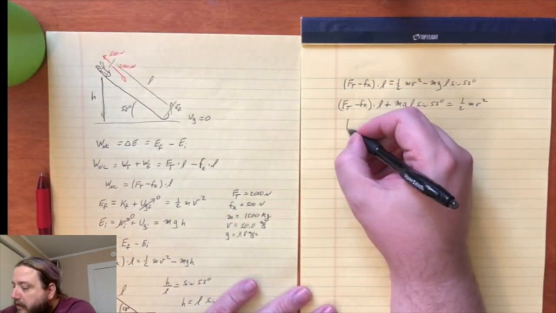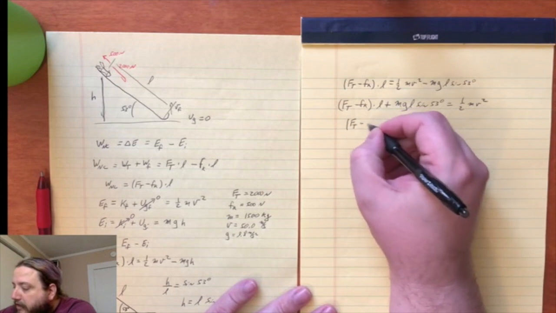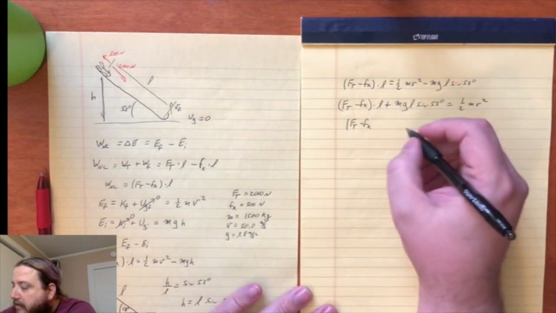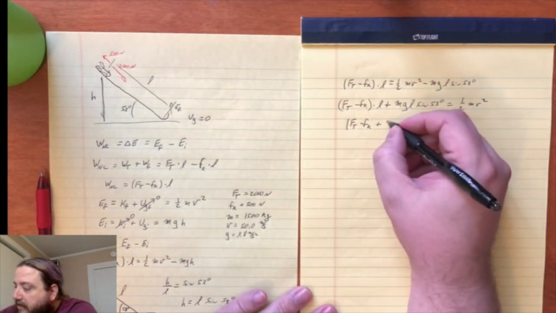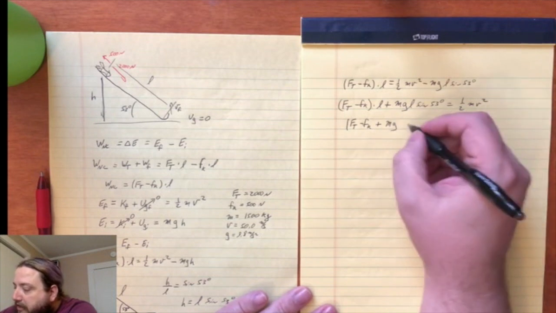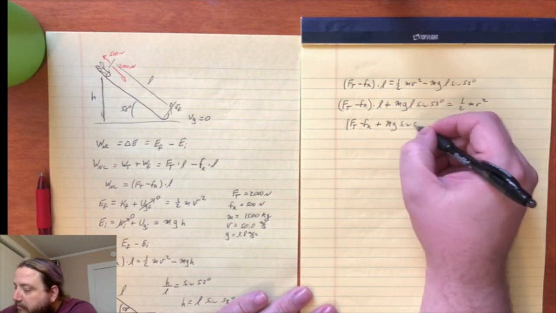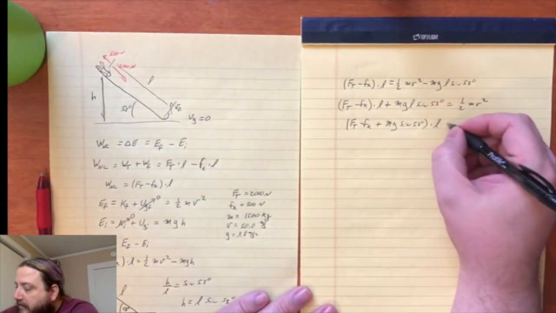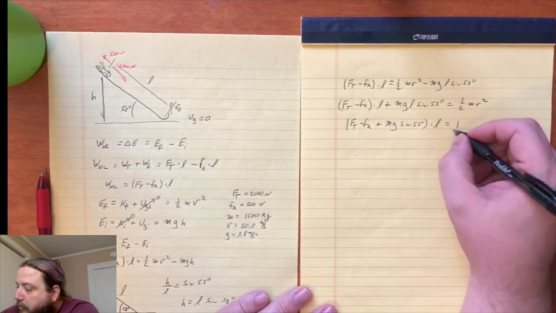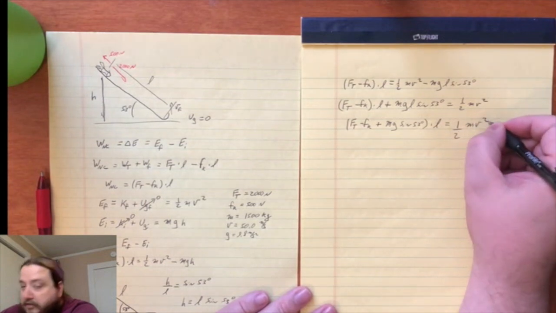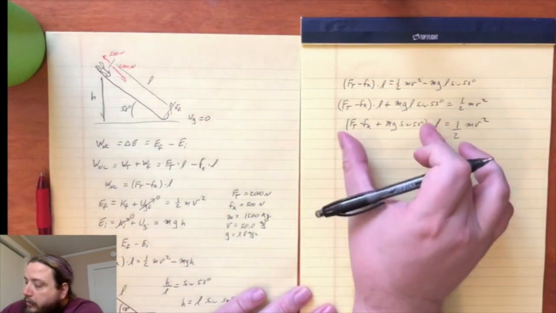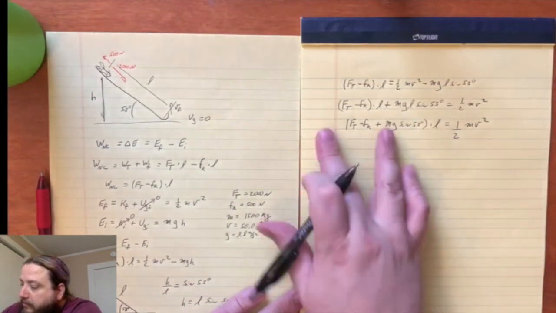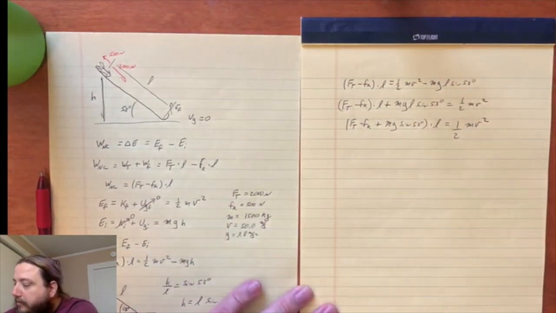So Ft minus Fk plus mg sine of 53 degrees, times L, is equal to 1/2 mv squared. We can divide both sides by this, moving everything in the parentheses over.